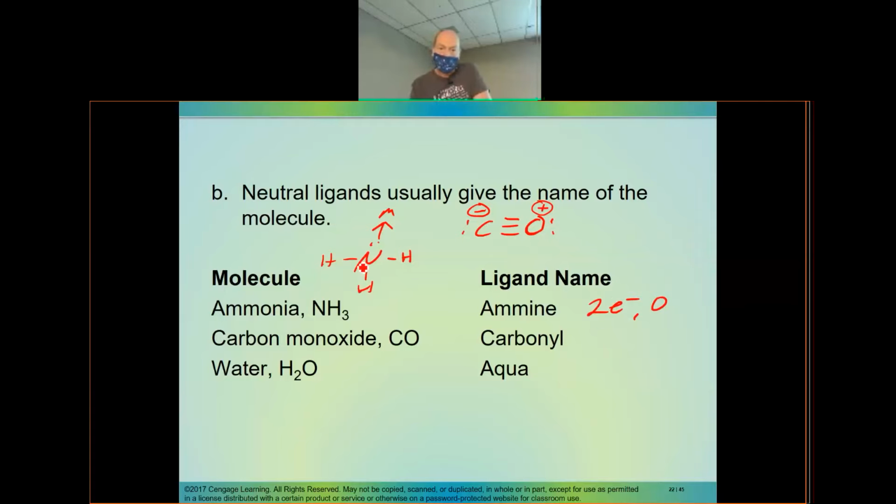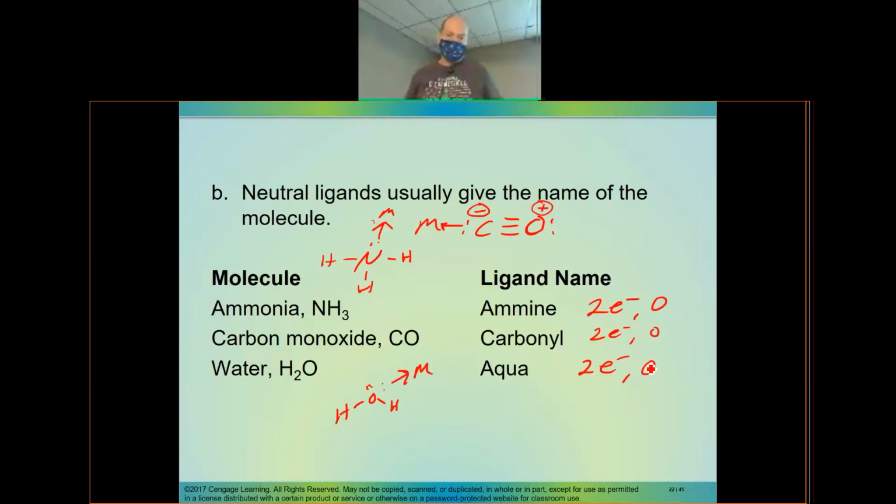It connects to the metal through the carbon, and so it is a 2 electron, 0 charge ligand because it has both a negative and a positive charge on CO. And then water, again, water has 2 lone pairs. One of those lone pairs will connect to a metal, and it is a 2 electron neutral ligand.